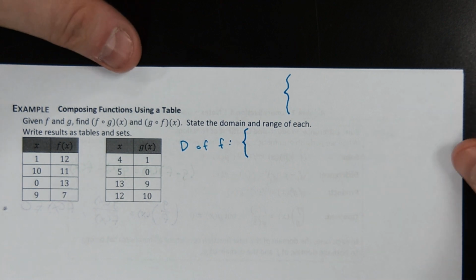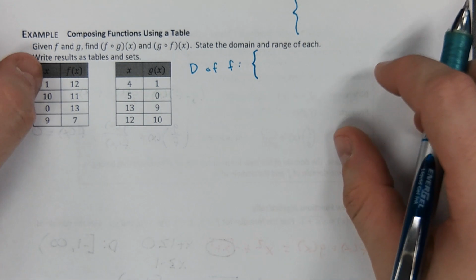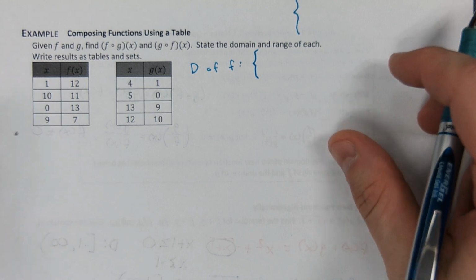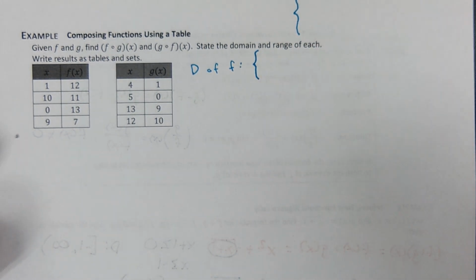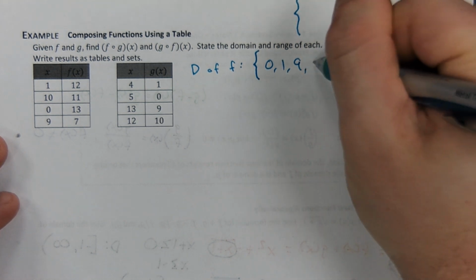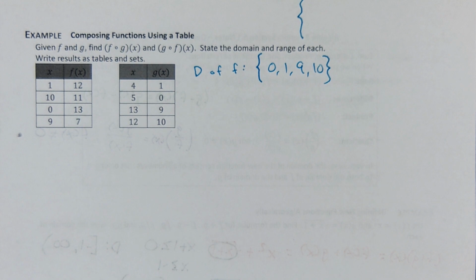Tall and skinny. Yep. So the domain of f is just the x values that you see here, written in order from small to big. F can only use the values of x 0, 1, 9, and 10. Those are the only x values that exist for f.